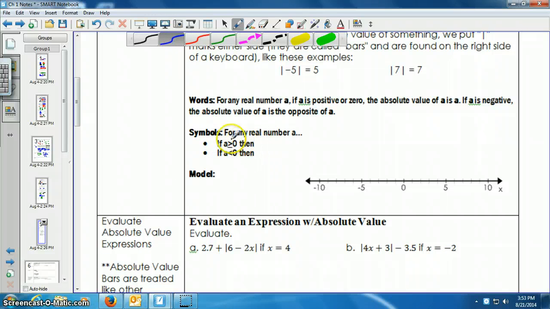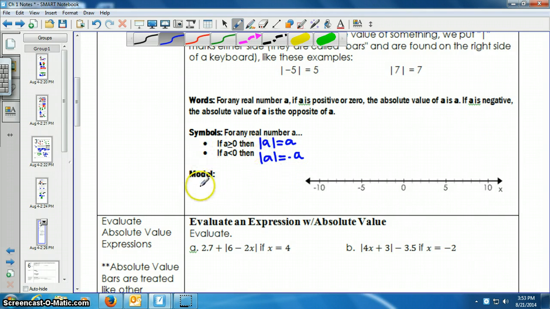For any real number a, if a is greater than or equal to 0, then the absolute value of a is equal to a, because it's positive. If a is less than 0, then the absolute value is negative a.